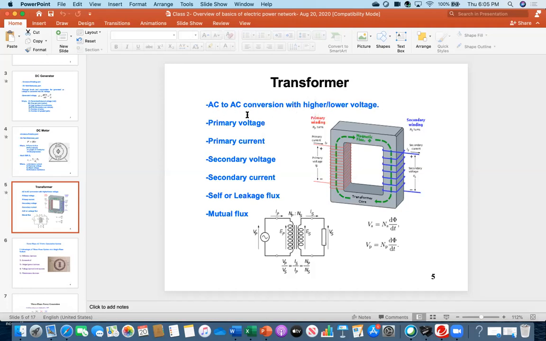Now, why have I written AC to AC conversion? Just a few minutes back, we were discussing DC motor and DC generator. In case of a generator, I said it converts mechanical power into electrical power. In case of a motor, it converts electrical power into mechanical power. What does the transformer do?